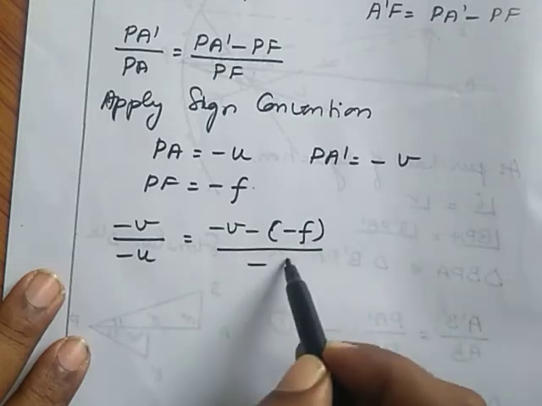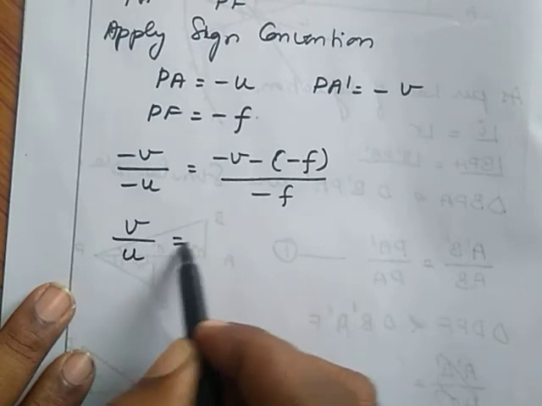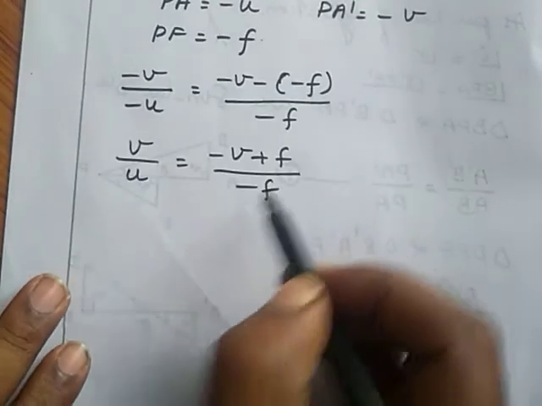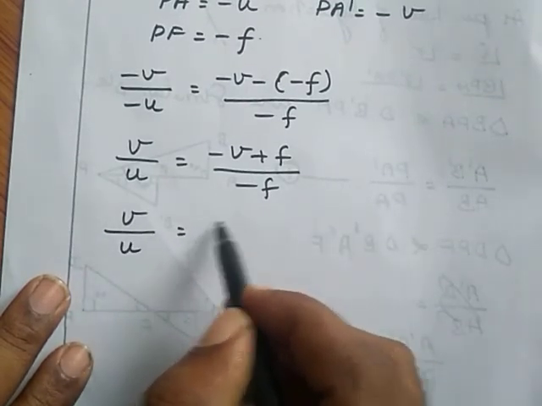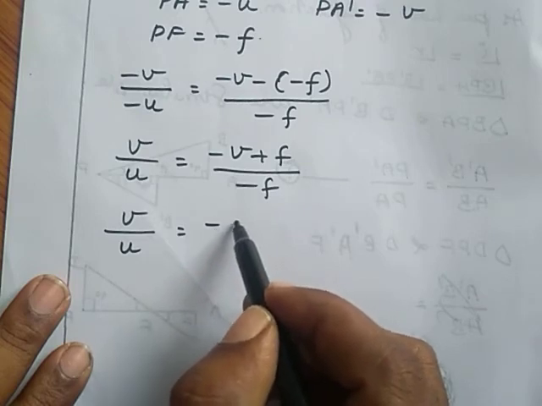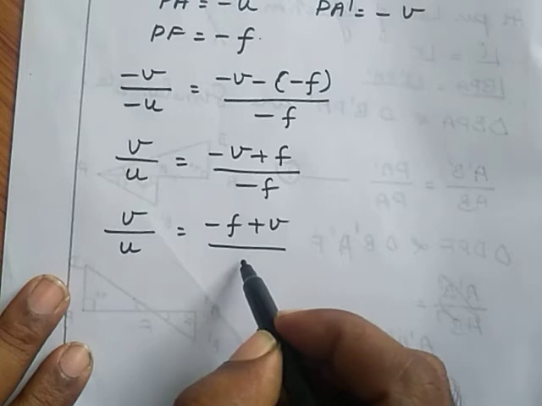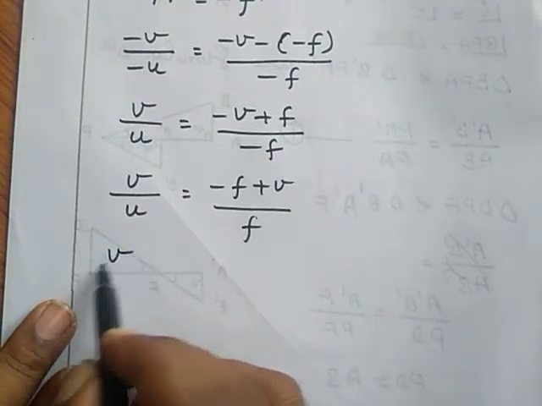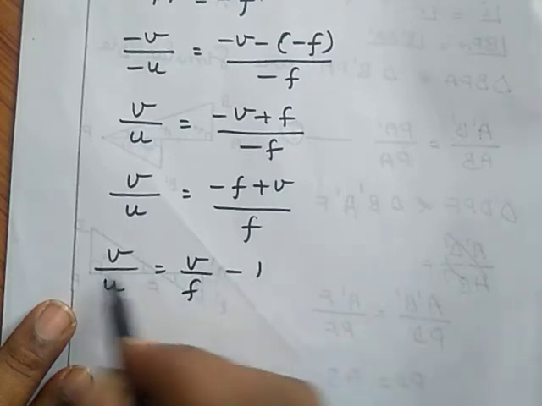On solving, the minus signs cancel, and v by u is equal to minus of v plus f by f. After this modification, v by u becomes v by f minus 1.